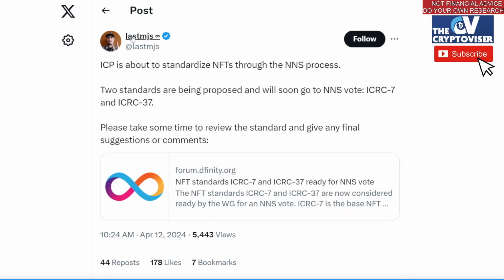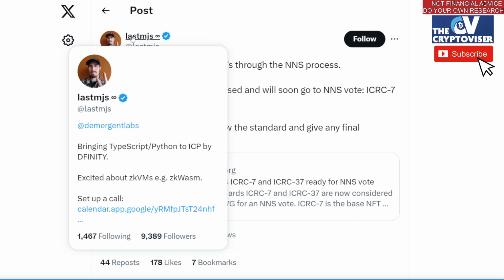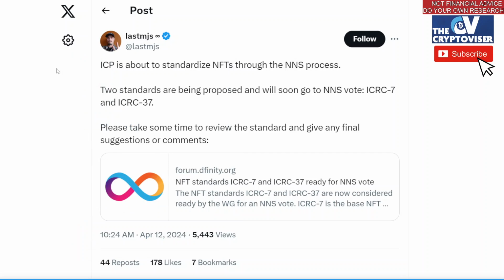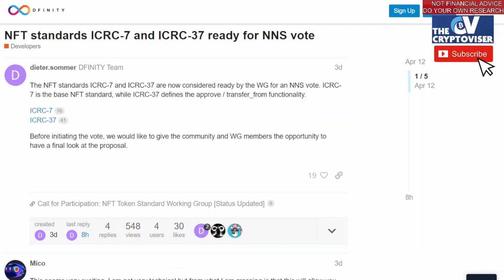Anyway, this user who is building TypeScript and Python for ICP at Dfinity said on X, ICP is about to standardize NFTs through the NNS process. Two standards are being proposed and will soon go to an NNS vote. And we're going to explore what these two are right now.